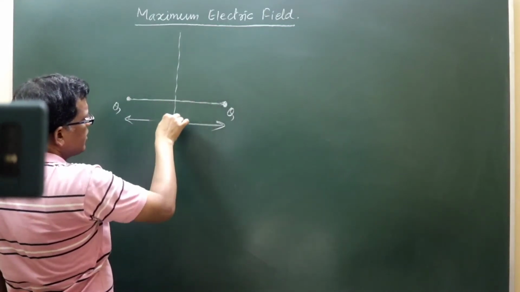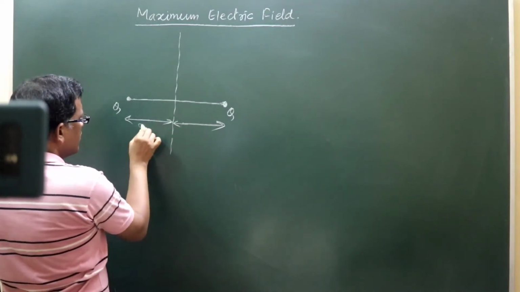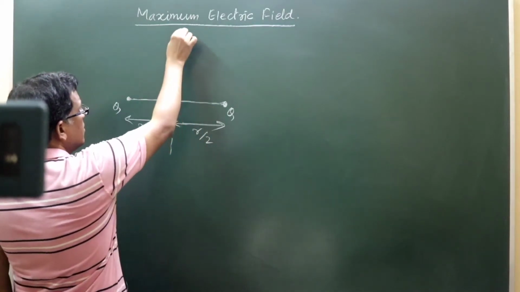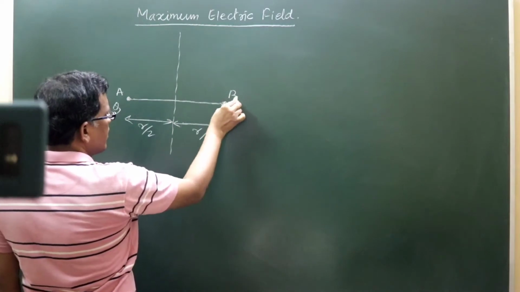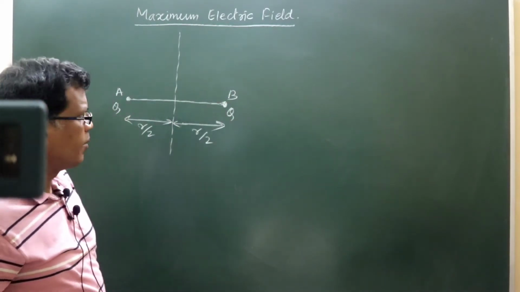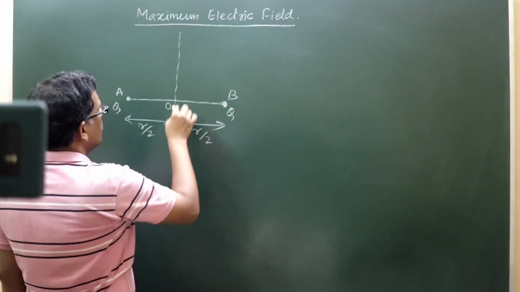And this is the line which is the perpendicular bisector. So these two parts are r by 2 each. Let the two points where the charges are located be A and B. So this is the midpoint of AB, that is O.